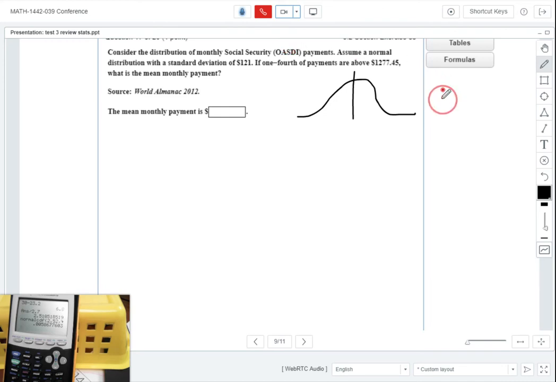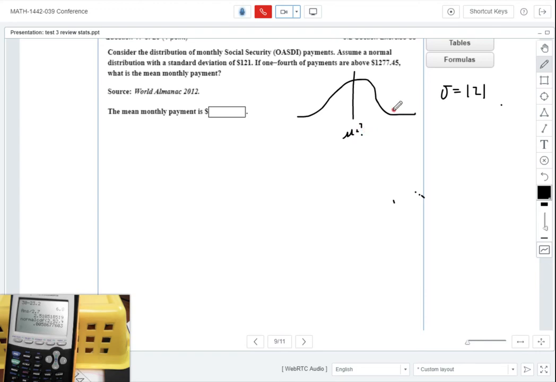So it tells us our standard deviation is 121. If one fourth of payments are above 1277.45, find the mean.